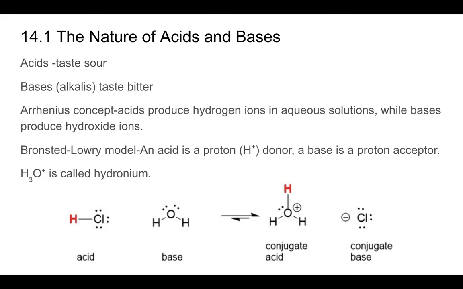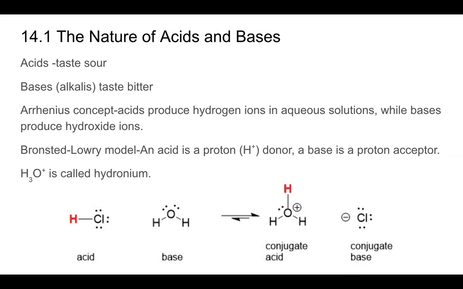Now, that concept is actually not the definition that we tend to use in AP chemistry, though. So in AP chemistry, we attempt to be a bit more sophisticated about how we define acids and bases. So we use the 1921, something like that, definition by Bronsted and Lowry, or sometimes just called the Bronsted definition.